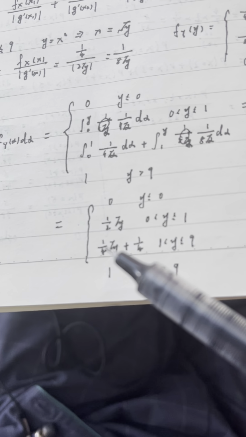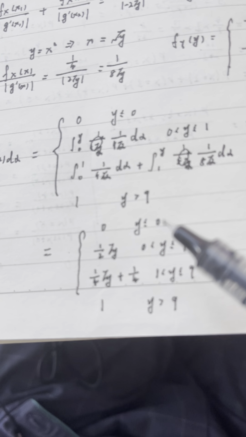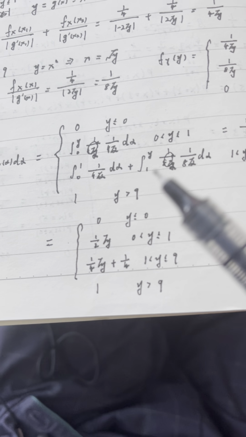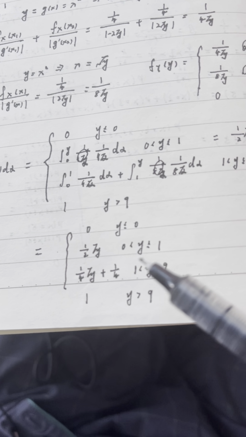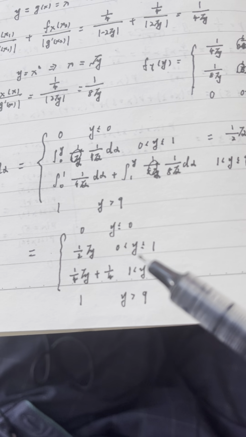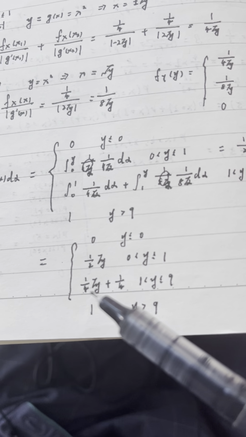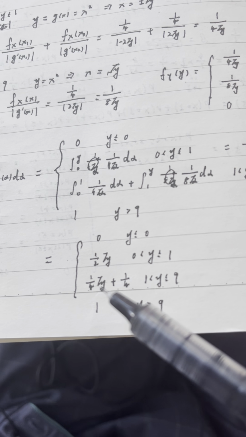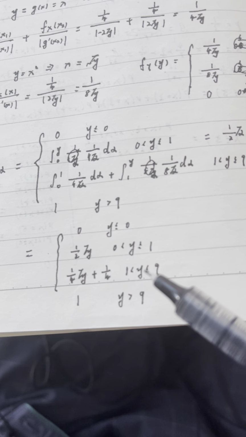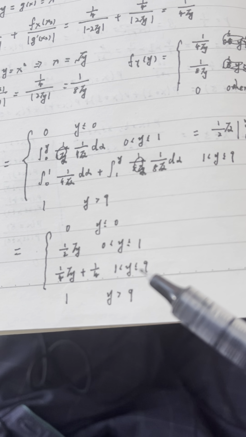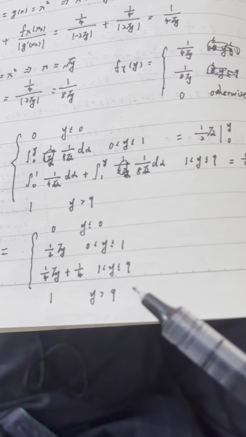Finally we get the result: it equals 0 when y is smaller than or equal to 0, equals 1/2 times square root of y when y is larger than 0 and less than or equal to 1, equals 1/4 times square root of y plus 1/4 when y is larger than 1 and less than or equal to 9, and equals 1 when y is larger than 9.